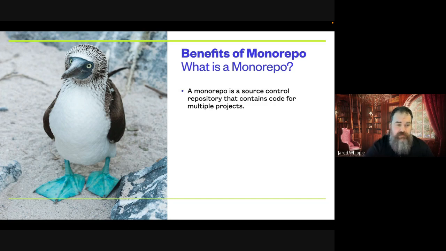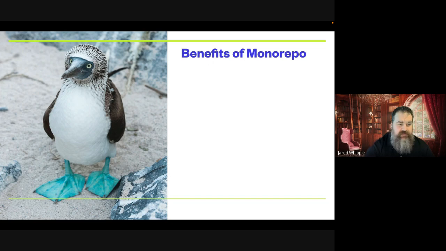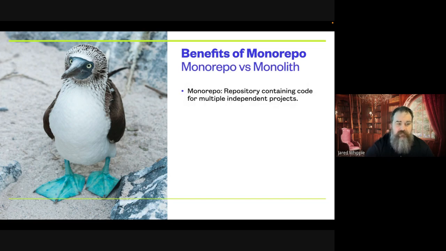The difference between a monorepo and a monolith is that a monorepo is a repository that contains code for multiple independent projects. So even though the projects are stored in the same code repository under the same source control, they do not interact with each other directly.